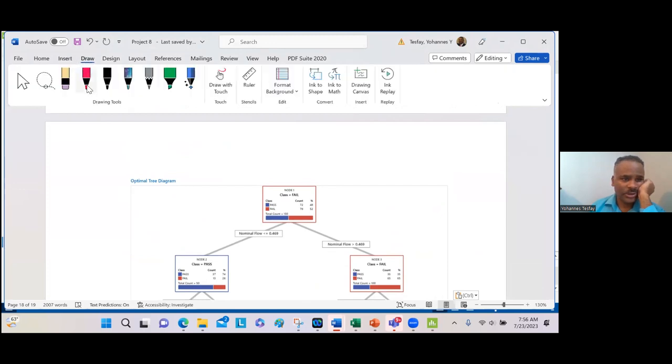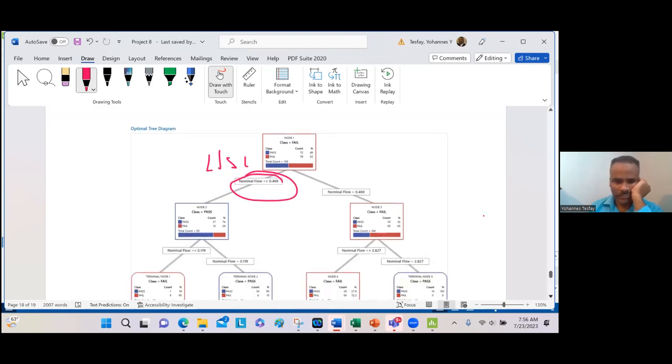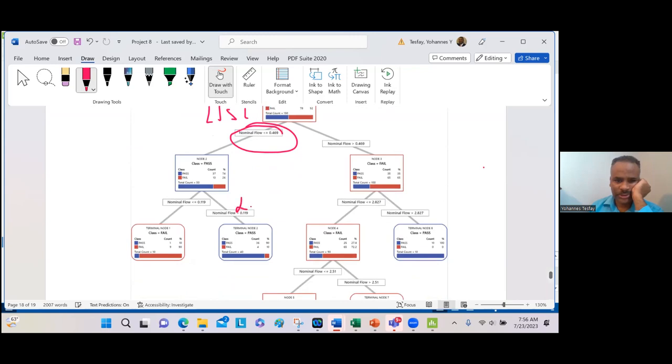Right here, just like this one, upper specification limit, and this one is lower specification limit.